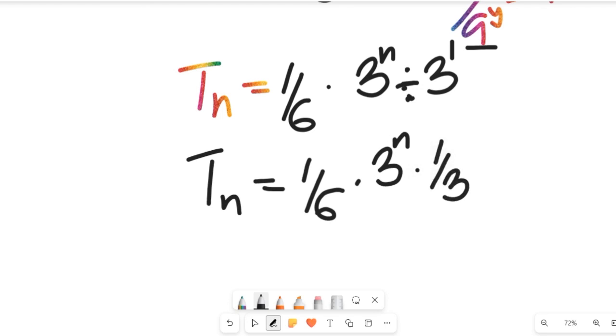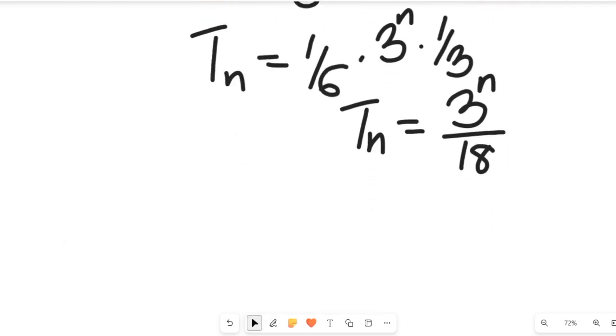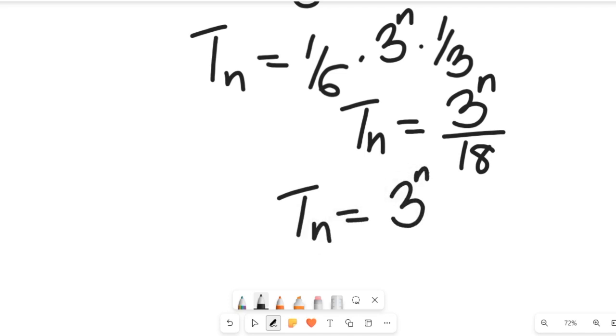So if that gives us 1 divided by 3, we are going to have Tn equal to 3 to the power of n divided by 6 multiplied by 3, which is 18. So we are going to have the nth term equal to 3 to the power of n divided by 18, and that is the value for the nth term.